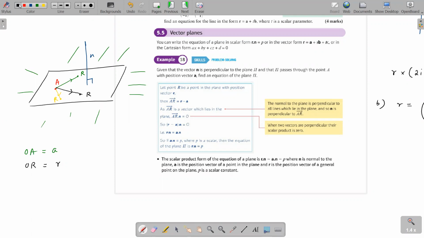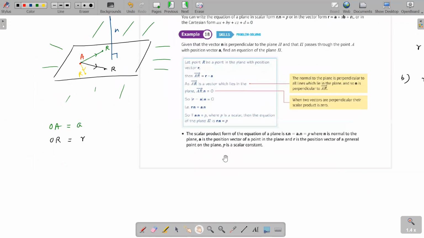So what are our two perpendicular vectors here? AR is perpendicular to vector N. Therefore, I can write AR dot N is equal to 0, because the dot product of two perpendicular vectors becomes 0. Do you agree with me?